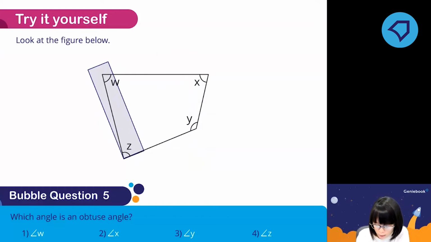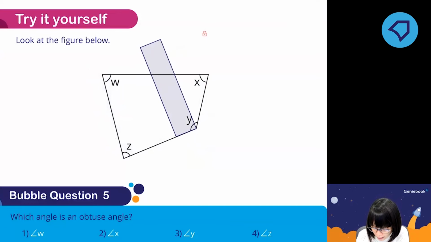How about angle Y? Angle Y over here, this other line is away from the ruler. It's more than 90 degrees. So your answer should be option number 3.